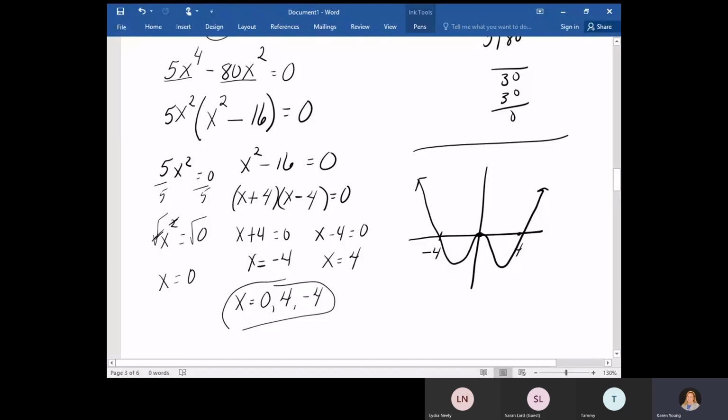When we do the graphing on these, I'll think of that word. I can't think of it at all right now. But it just means that 0 is going to touch the X-axis. And technically, since that's a squared, I would have 2 zeros here.